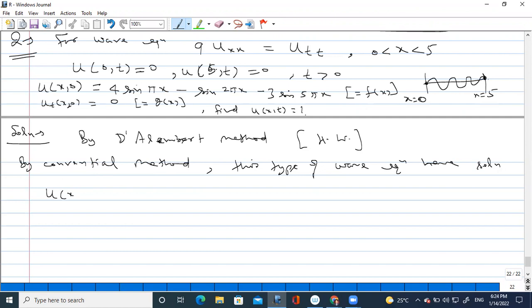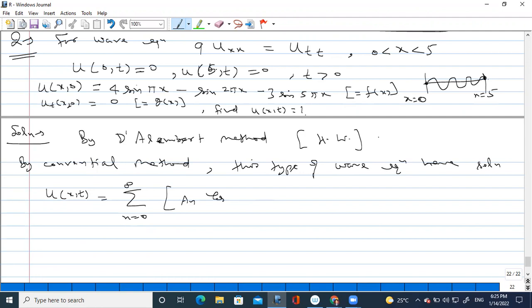So this type of wave equation has u(x,t) equal to summation n equal to 0 to infinity. That's why it is a must to remember. An cos, or actually here we can compare, this type of wave equation has this solution.